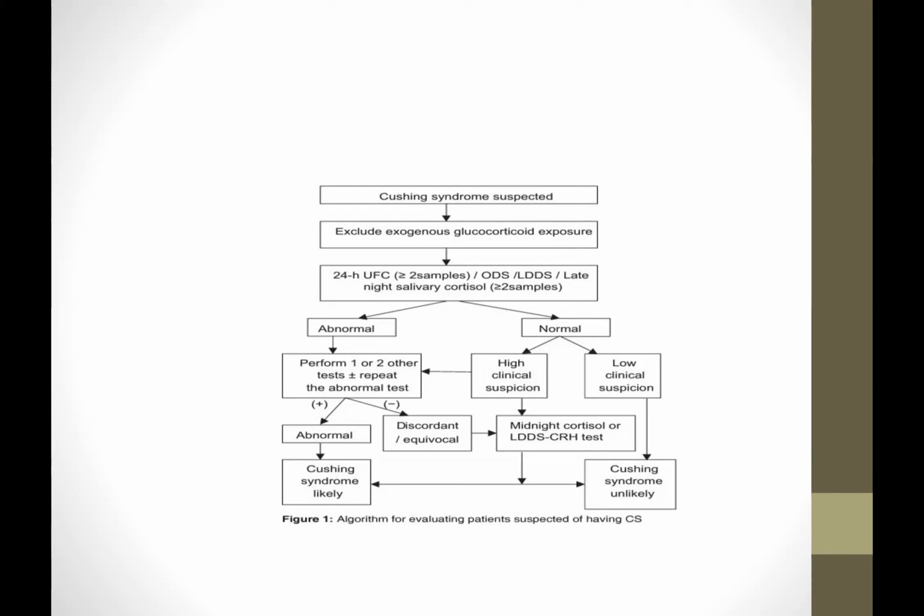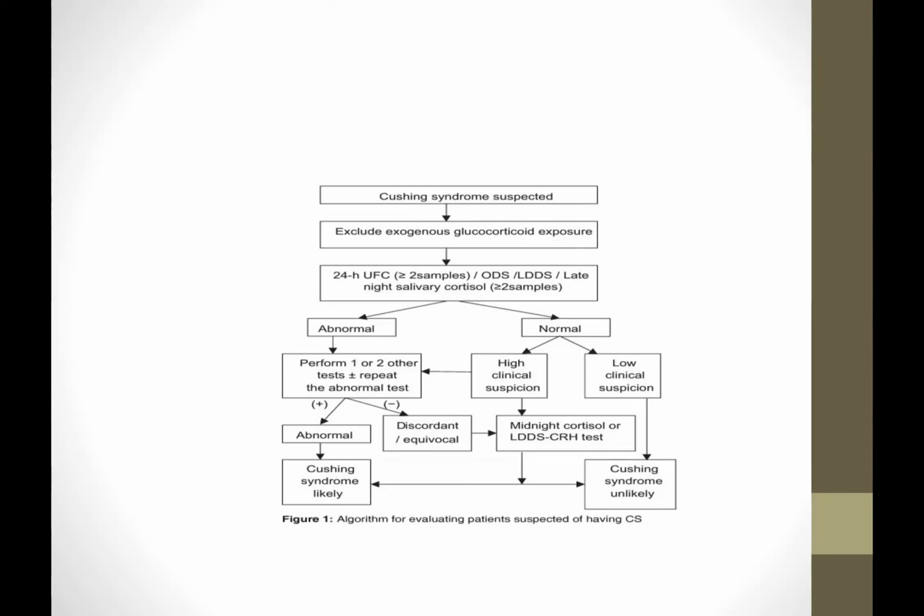And if one of them is positive, one of them is abnormal, then we have to perform the same test once again, along with a confirmatory test, the other type of test, like ODS or LDDS. If the second test is also abnormal, then Cushing syndrome is likely. If the results are discordant, one test is positive, one test is negative, or the results are around the cutoff value, equivocal, then you are forced to do a CRH stimulation test.